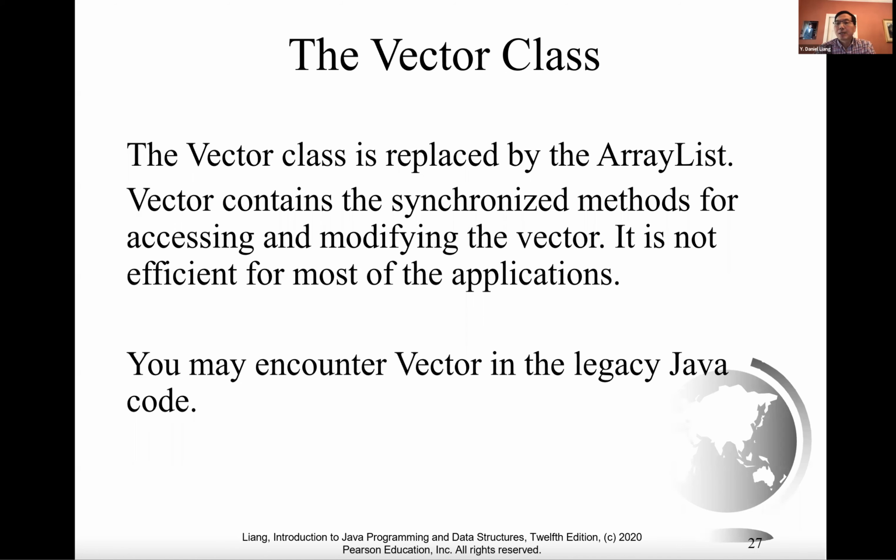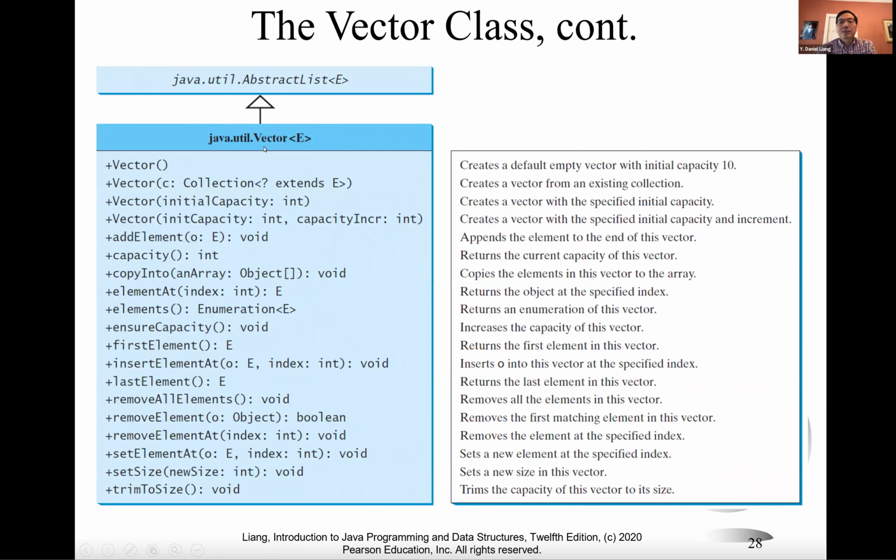You may encounter vector in legacy Java code. Vector extends the abstract list. Vector inherits all the methods from the collection interface and from the list interface. Additionally, it has its own methods.